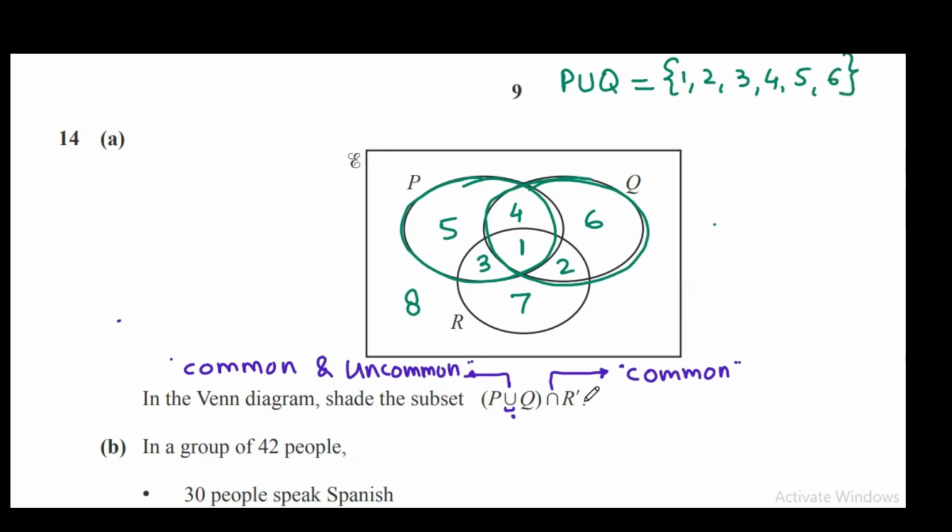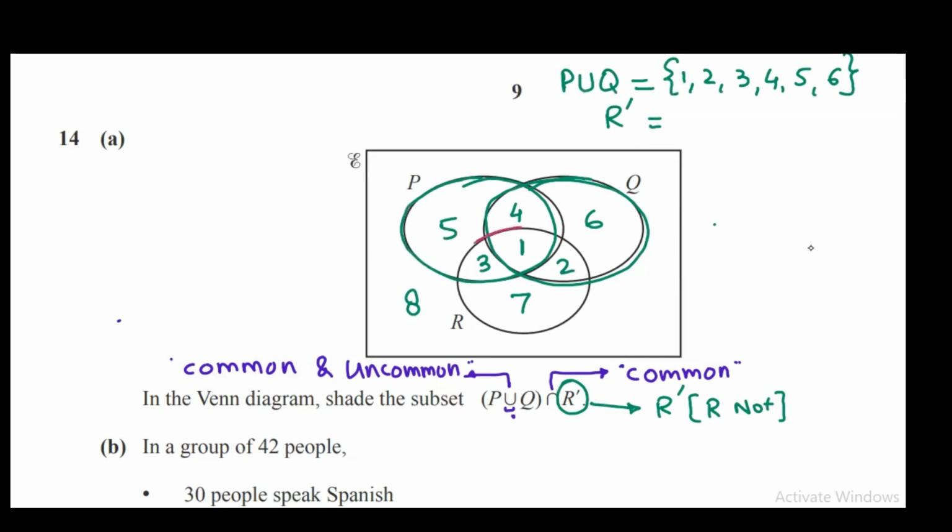Now find out R complement. You should know what R complement is. R complement means R not: all the elements except set R. So R complement is the set which has all the elements except set R. So mark the set R first.